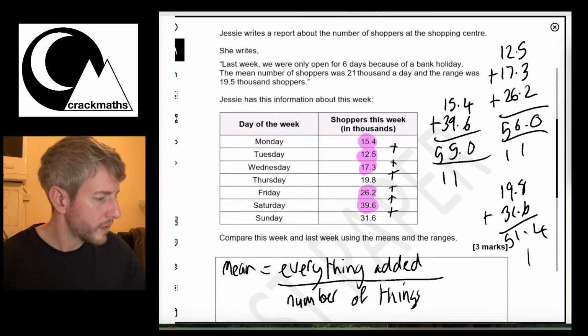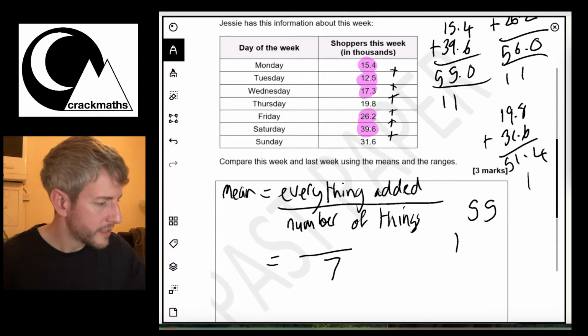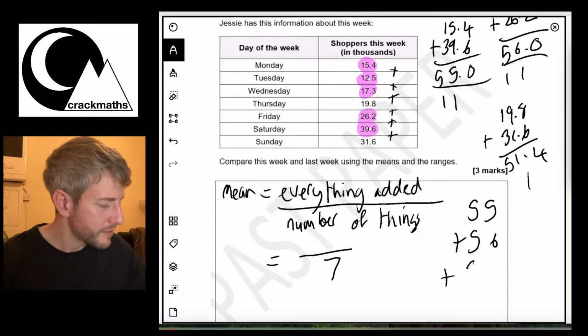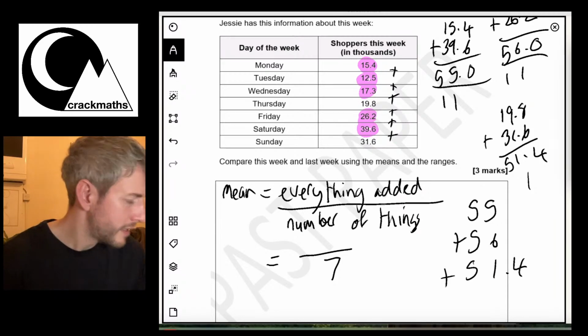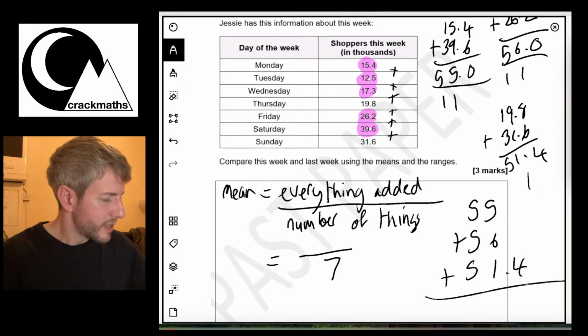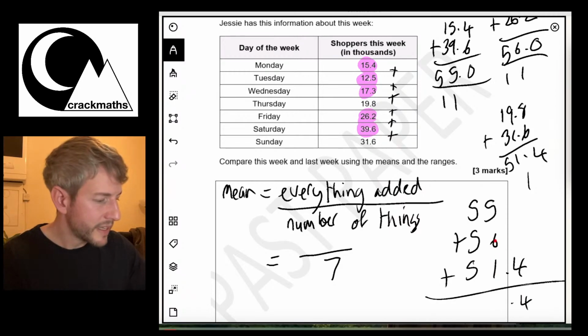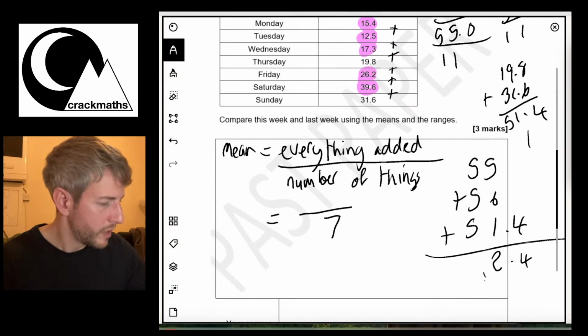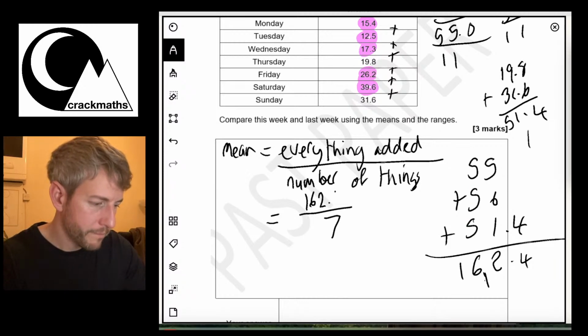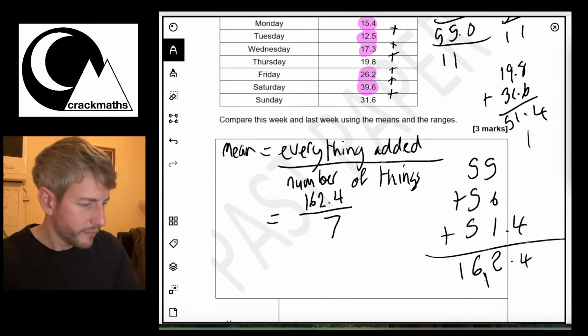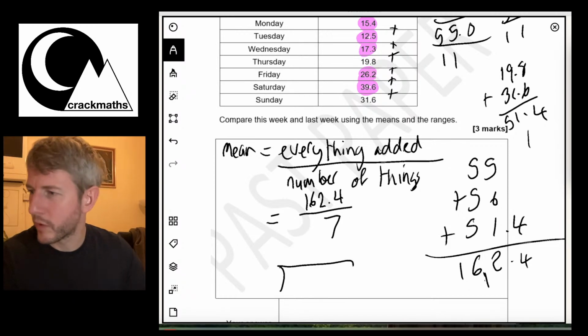So we've now got 55 add 56 add 51.4, which makes 162.4 over 7. Okay, this is a very mean question for non-calculator.